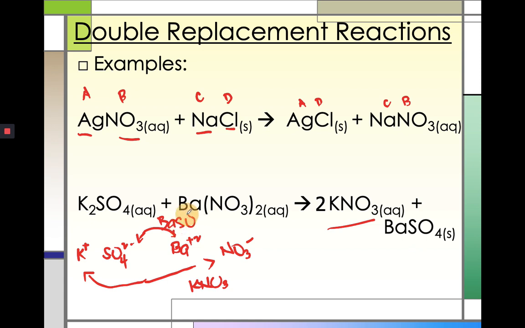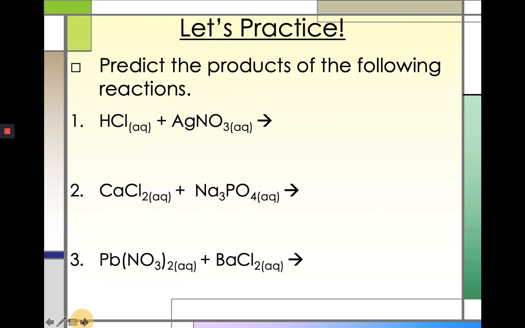So that's why you have BaSO4. And then the coefficients here just serve to balance the whole equation. So that's it for double displacement reaction.